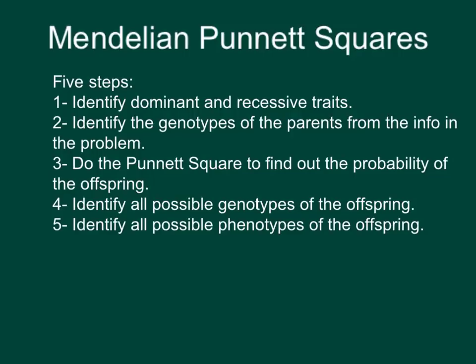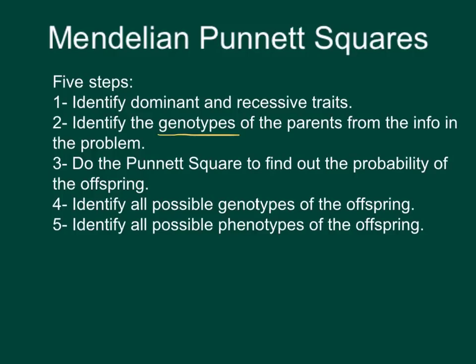problems. The next thing is to identify the genotypes of the parents from the information that's given in the problem. In the beginning, there will be a box in which you'll write this information. The next thing is to do the actual Punnett square to find out the probability of the offspring. Remember, the genotypes of the parents are what actually goes into the Punnett square.